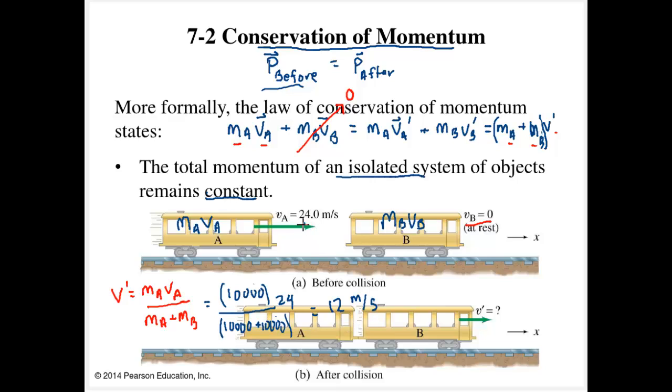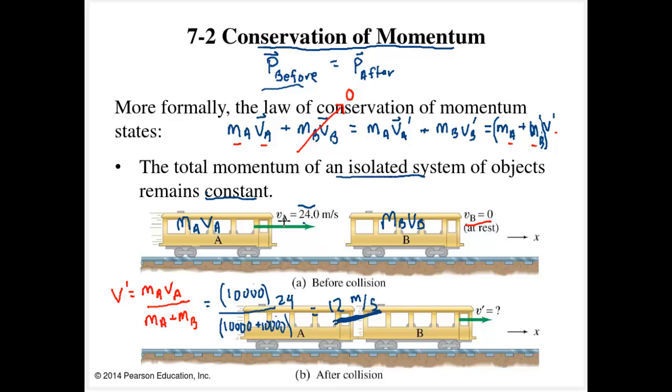Intuitively, that makes sense because initially we were going 24 meters per second. We know that it has to be smaller, and since the masses of these two guys are going to be equal, intuitively you kind of say, okay, well, the velocity should be cut in half. The last thing I want to point out is the velocity comes out to be a positive number right here.